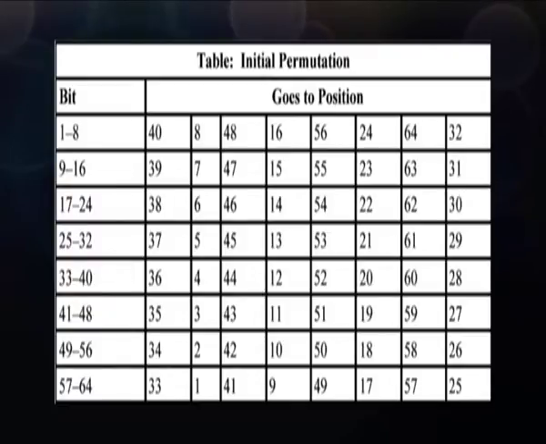As we can see in the table, bits 1 to 8 go to positions 40, 8, 48, 16, 56, 24, 64 and 32 respectively. Similarly, bits 25 to 32 go to positions 37, 5, 45, 13, 53, 21, 61 and 29 respectively. In this way, 64 bits of data are initially transposed.